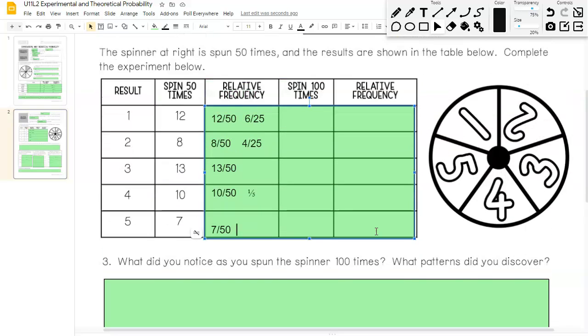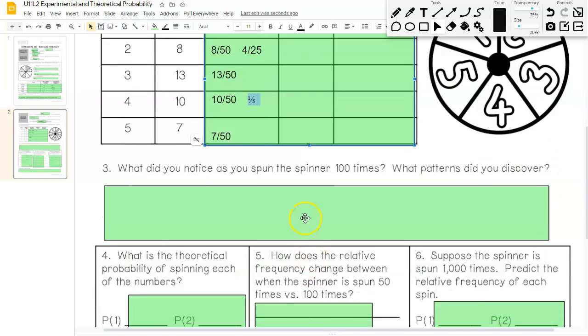Alright, now what you'll notice is that because the spinner is relatively equally divided, most of our answers are going to actually be pretty close to 1/5.